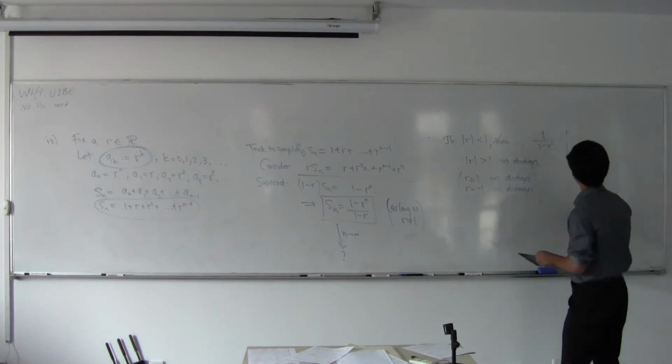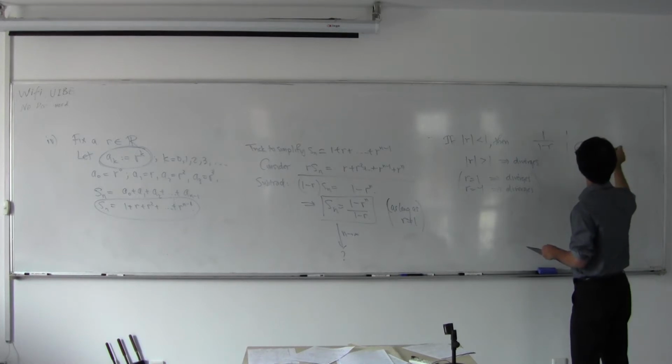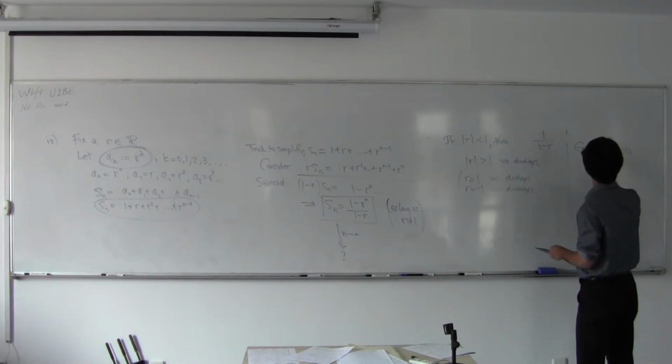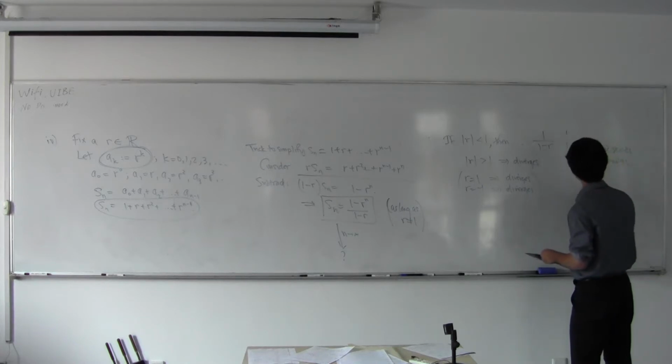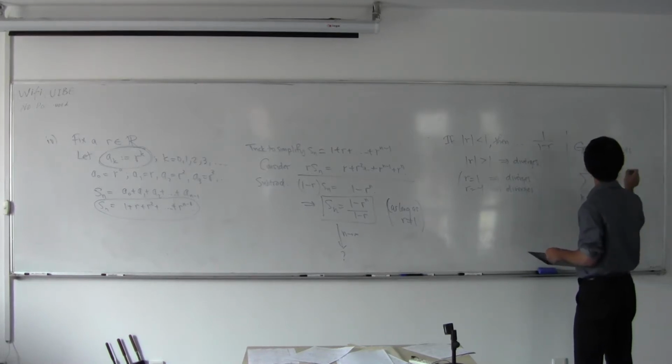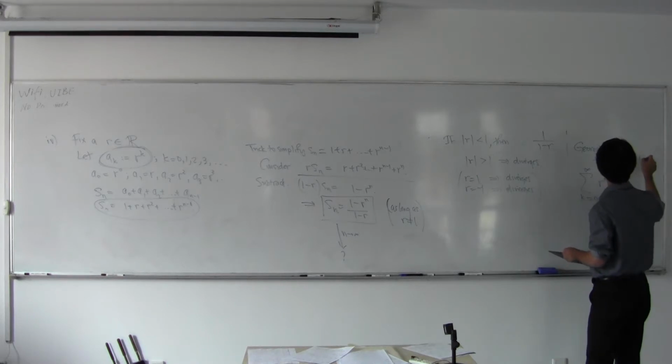What we get in the end is what's called the geometric series formula: the sum of r to the k, from k equals 0 to infinity, if the absolute value of r is smaller than 1, turns into 1 over 1 minus r.